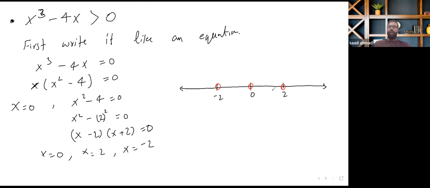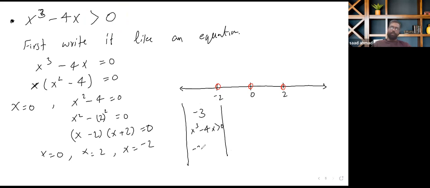Now how will we decide which part will be the solution and which one is not? To check that, you make the table and then make the intervals. So let's pick any number from this interval, any one. Let's say I pick minus 3. Then I put it into my given inequality, that is x cubed minus 4x greater than 0.